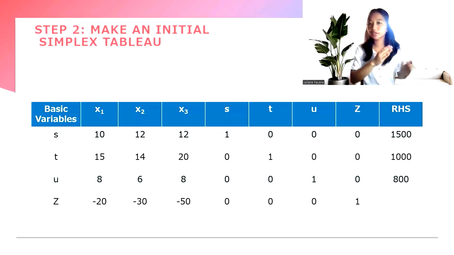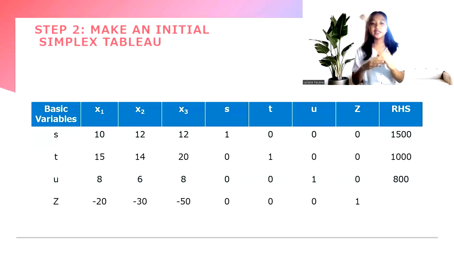And for u, it is 8 x sub 1, 6 x sub 2, 8 x sub 3, 0 for our first and second slack variables, but 1 for our third slack variable, as observed in the linear equation earlier, and 0 for our z, because we don't have that for our third constraint, and it is equal to 800.